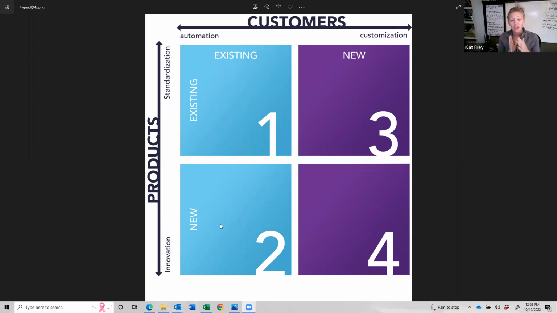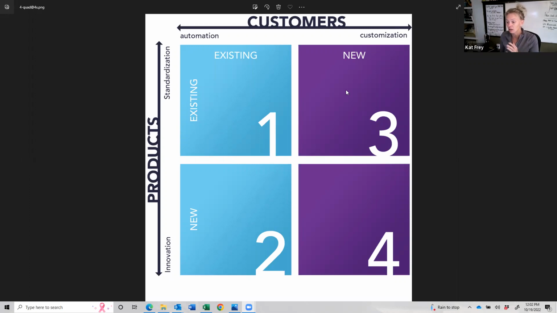Then we're going to take you to the upper right side of the quadrant and go to number 3 over here on the right. This would be an existing product that we sell to a new demographic. Maybe we have tasked our marketing team to search a new persona, or maybe we have discovered that we have a new demographic that's purchasing from us and we want to investigate that more deeply.